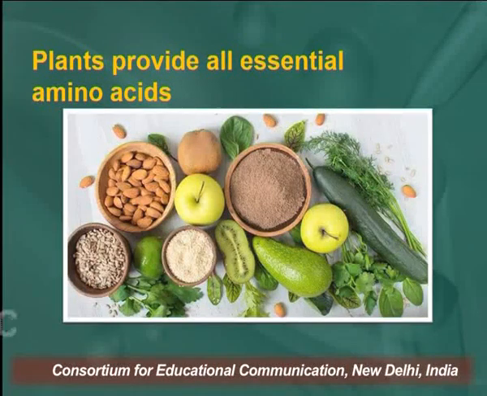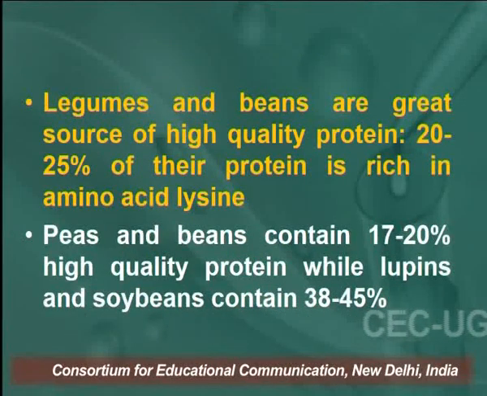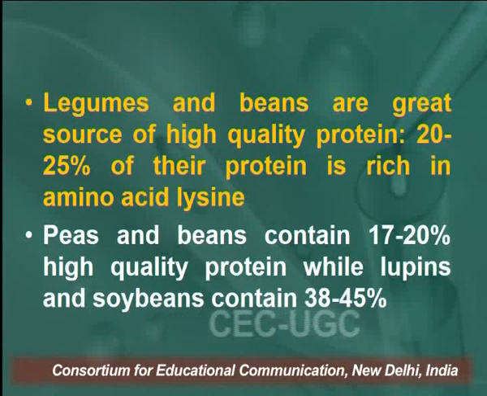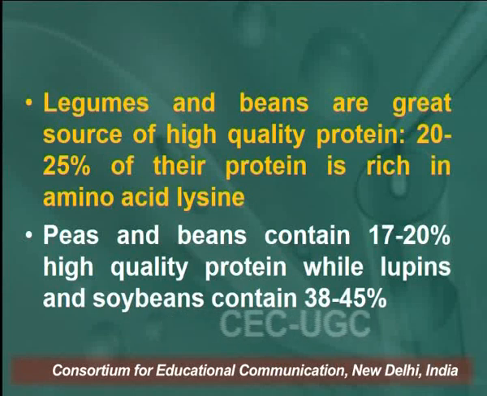Learners, most amino acids, especially essential amino acids, we get from plants. So plants provide all the essential amino acids. Legumes and beans are a great source of high quality proteins. At least 20 to 25% of their protein is rich in an amino acid, that is lysine.